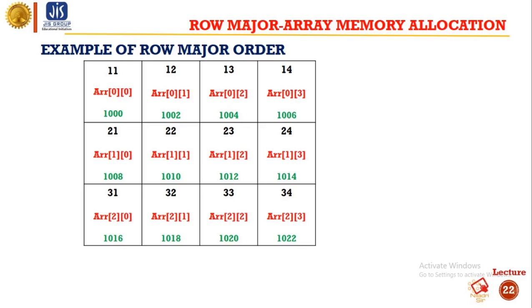Next is 21, which means second row, first column. 22 means second row, second column. 23 means second row, third column. 24 means second row, fourth column.